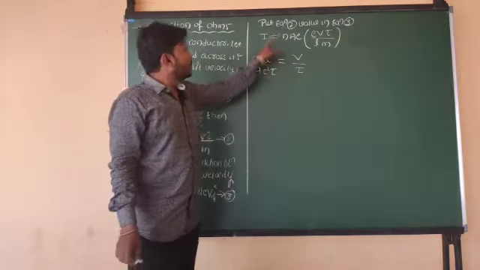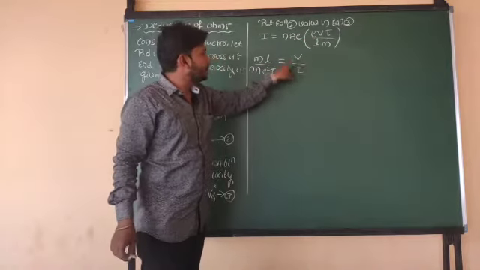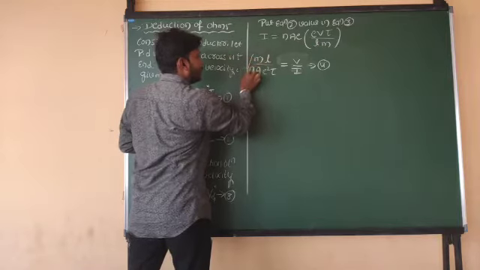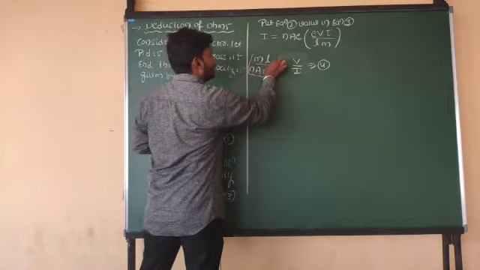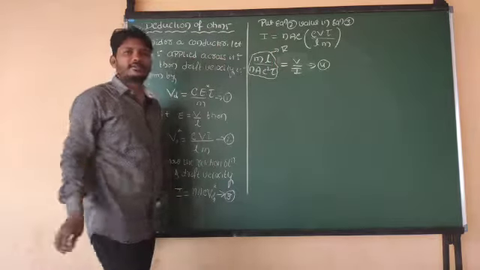Did you get my point? So V by I is equal to mL divided by nAe squared τ. This entire thing I will take as a constant value R.